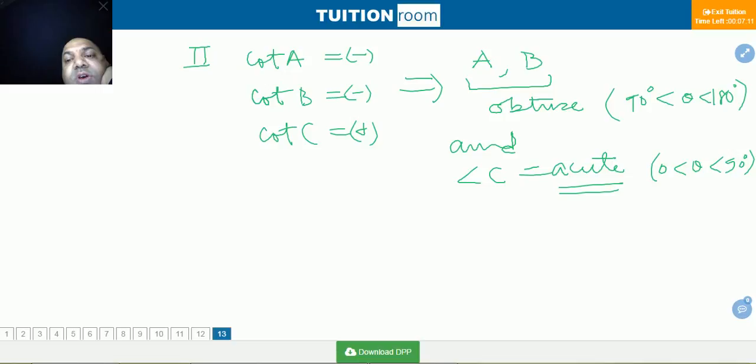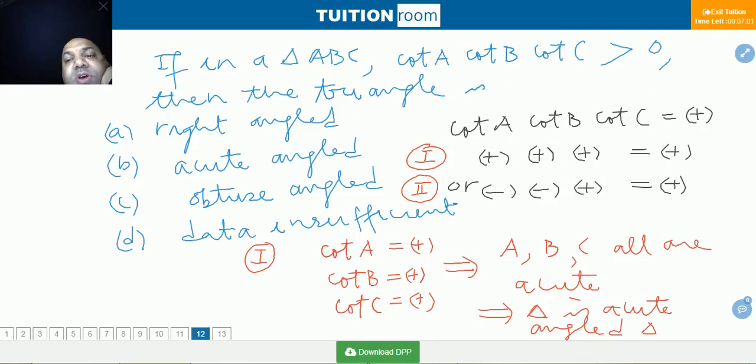Hence this case is discarded. So only the first case is considered, and hence the given triangle will be acute angled. Hence guys, copy it.